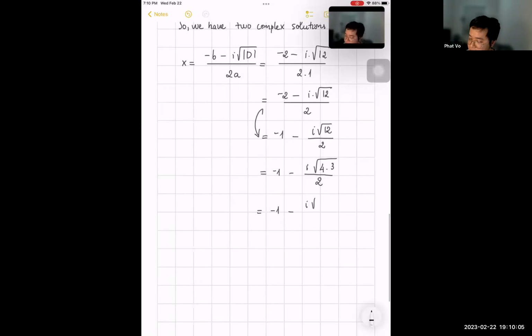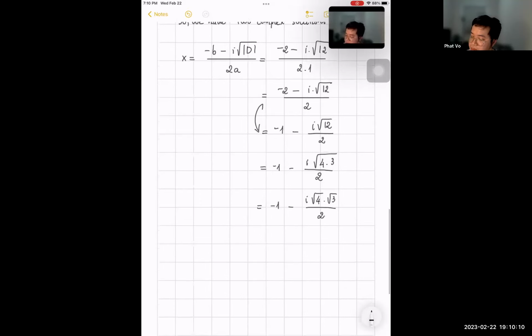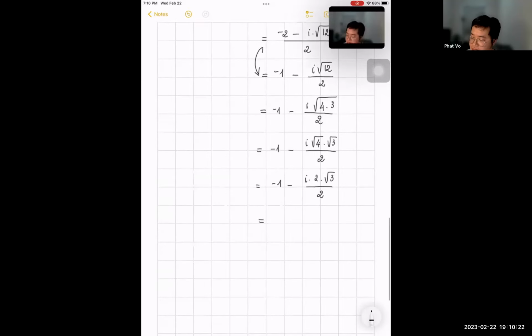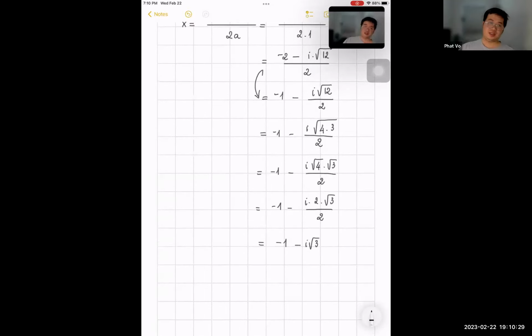So I times square root of 4 times square root of 3 over 2. So now you see the square root of 4 is 2, right? So I times 2 times square root of 3 over 2. So 2 over 2 is 1. So now you can write negative 1 minus I times square root of 3. So that is the solution.